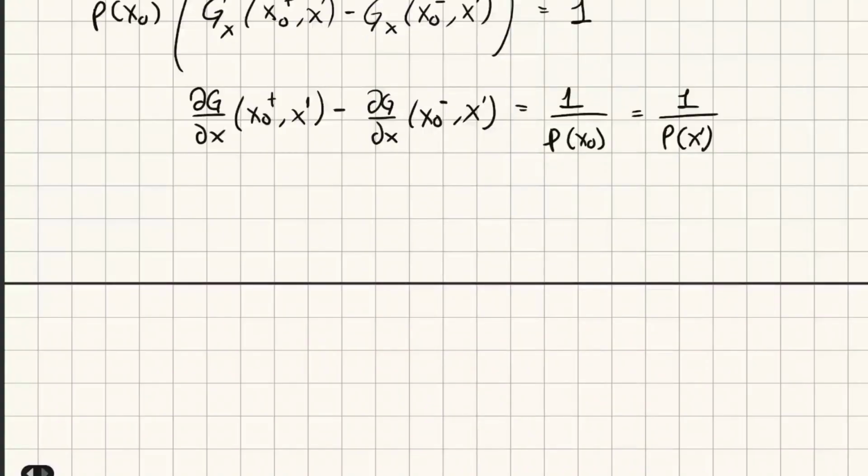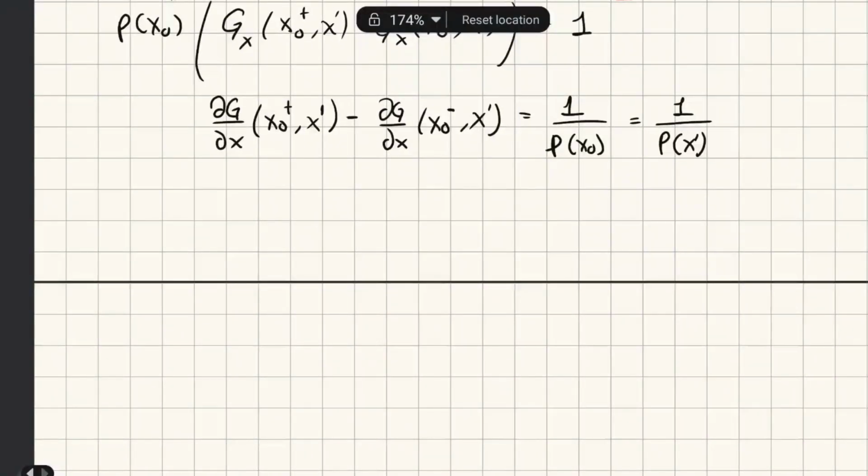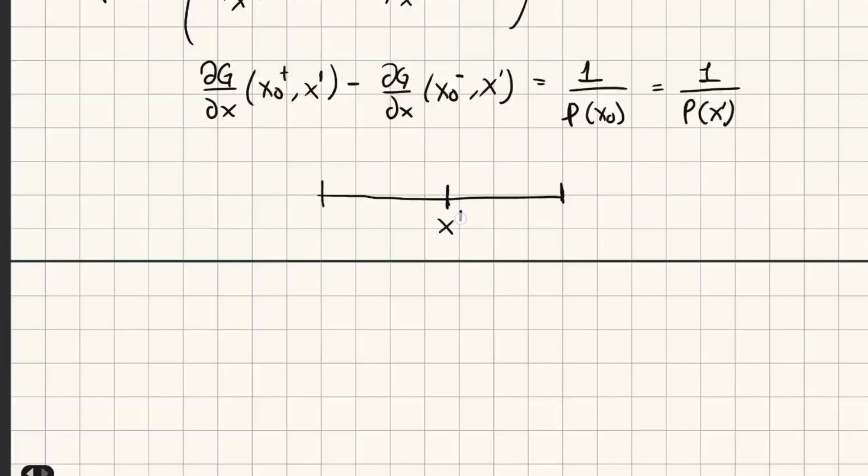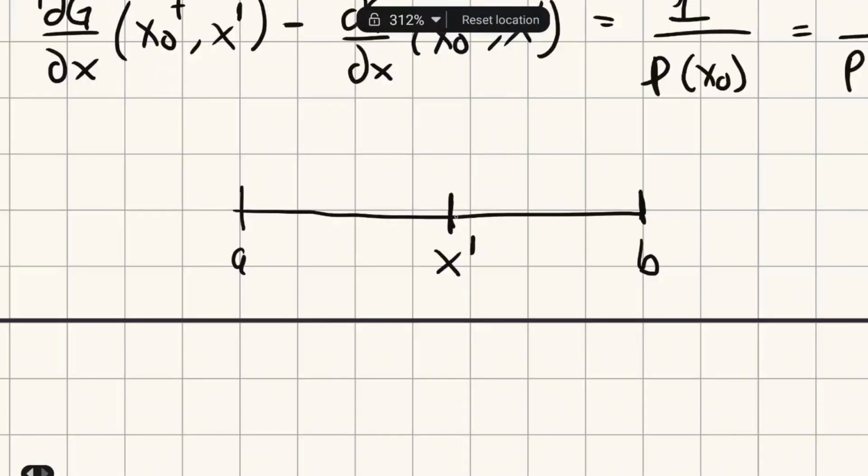But we still need to continue a little bit to find out what exactly the Green function associated to the Sturm-Liouville problem is. From these results, it will be convenient to separate the problem into two pieces, one from a to x prime and then from x prime to b.